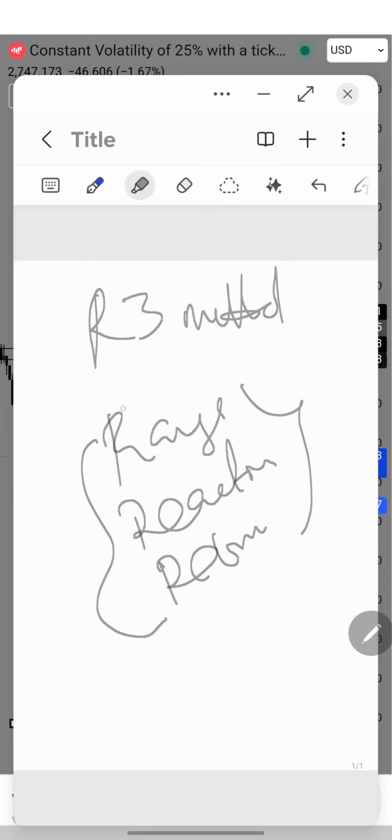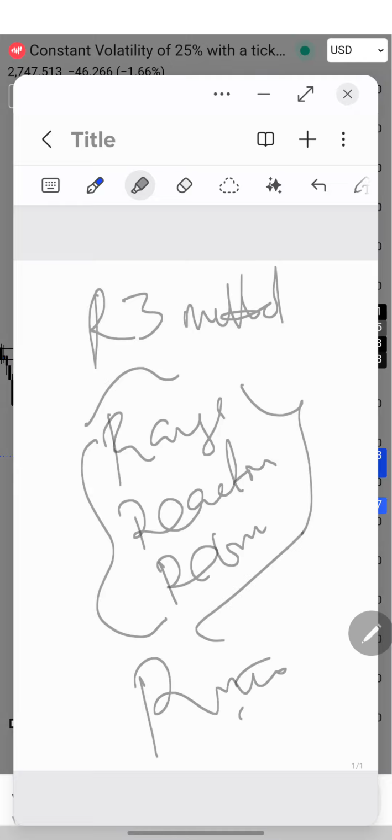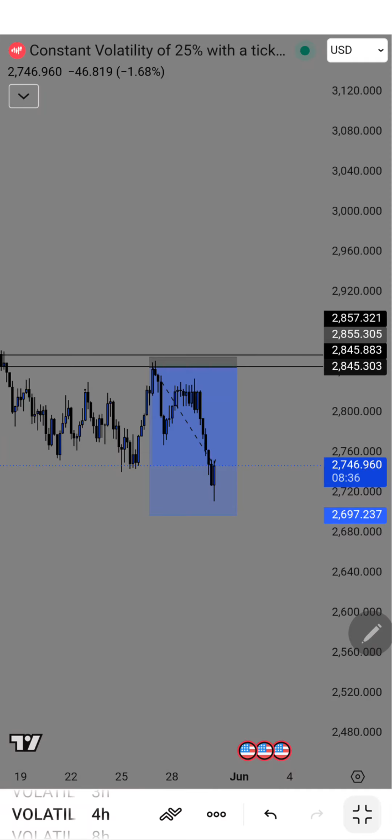Now these 3 are the pillars of price action. So market structure, price action, whichever you want to call it, these 3 are built on the pillars of price action. So everything I say right here is strictly just price action.